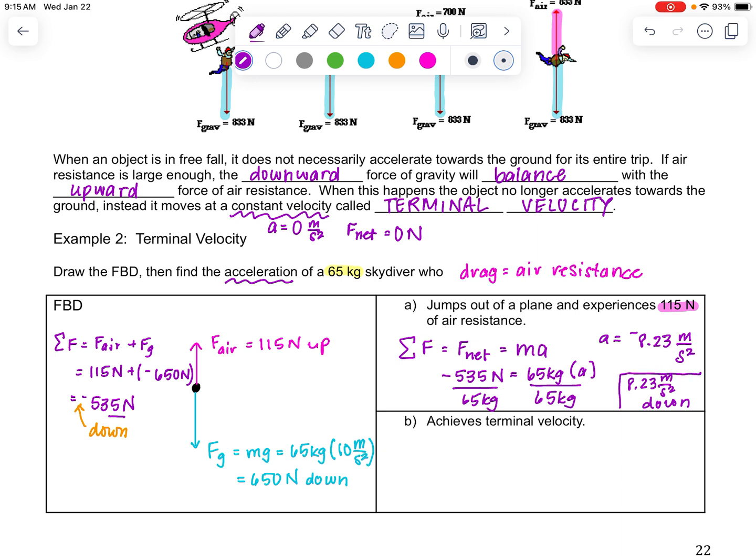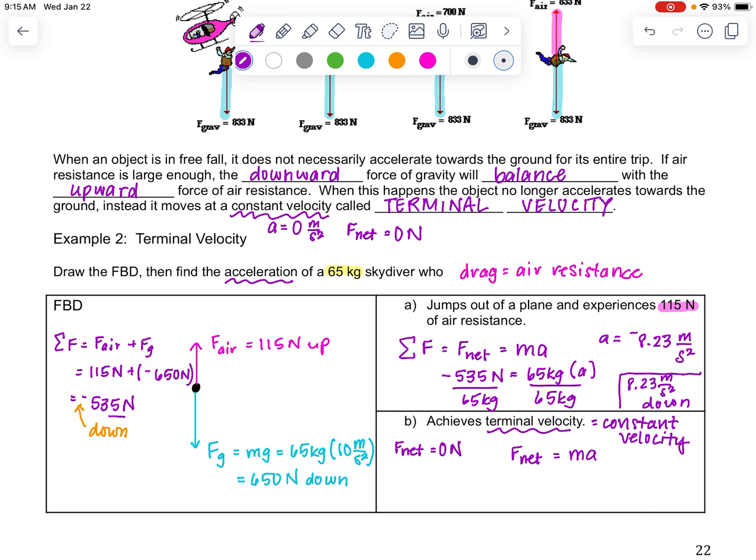Okay. When we talk about terminal velocity, remember terminal velocity means F net is 0. So if I use my equation, F net is equal to mass times acceleration, I know terminal velocity is equal to constant velocity. And if it's constant velocity, we know that acceleration is 0.